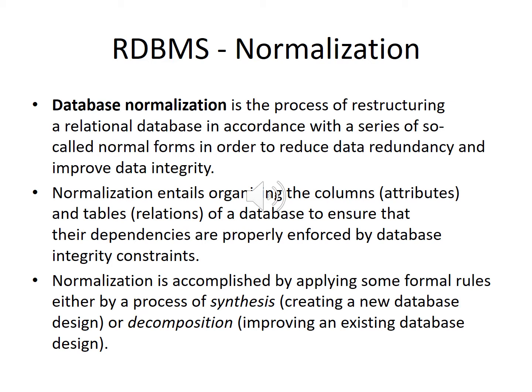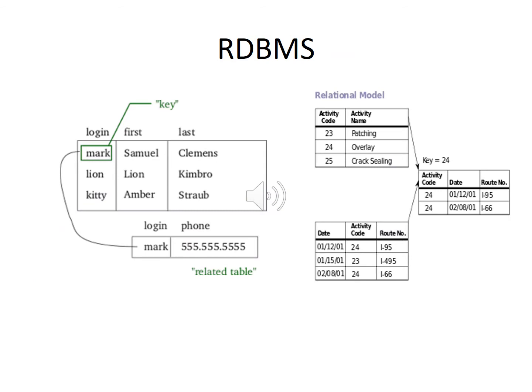Normalization is accomplished by applying some formal rules, either by a process of synthesis or decomposition. So normalization is about breaking the data sets into separate informational units to avoid redundancy.